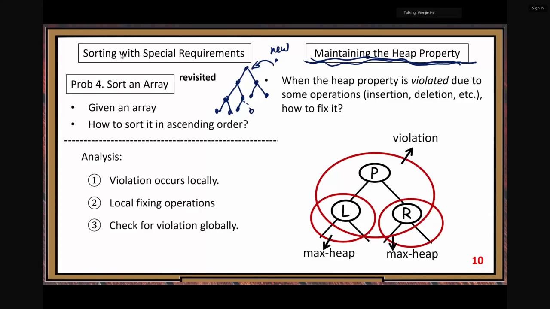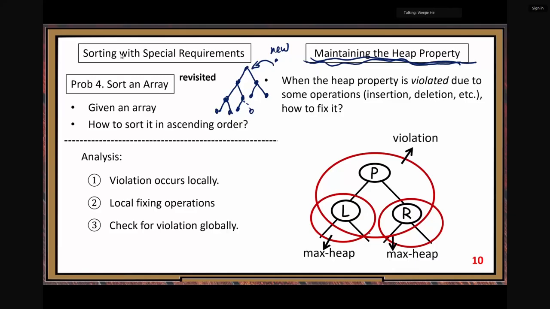Because after you fix violation locally, the violation could propagate to other places. Because you move the nodes, you swap, so the violation could go down to other places.